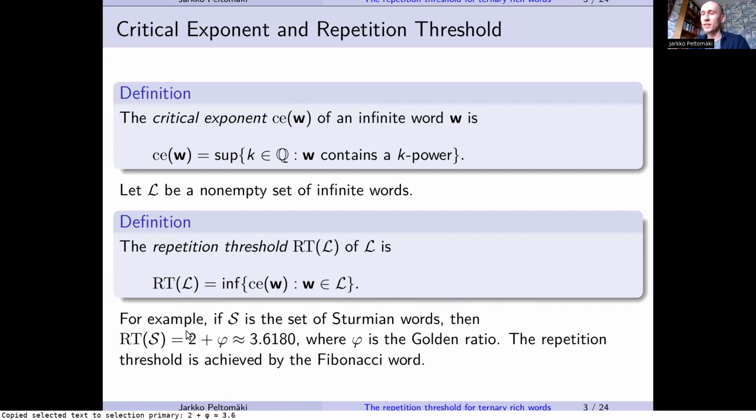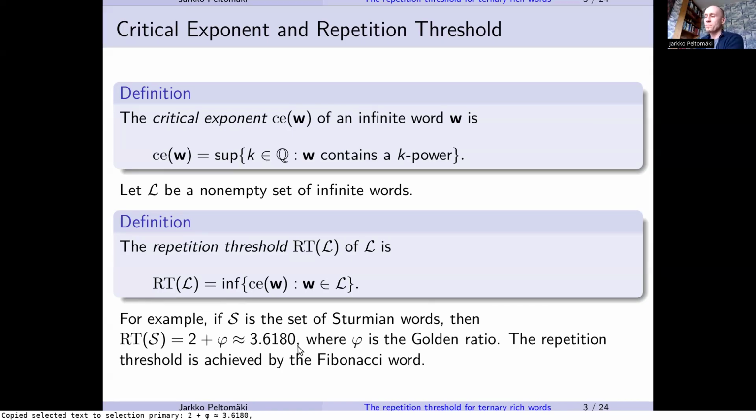It has this critical exponent. In recent years, it's been somewhat popular to compute these repetition thresholds for various interesting classes of words, like episturmian words or balanced words over more than 2 letters.